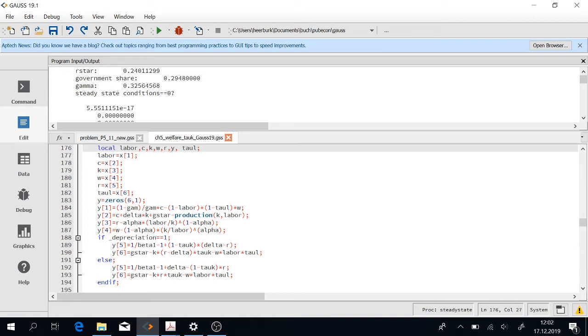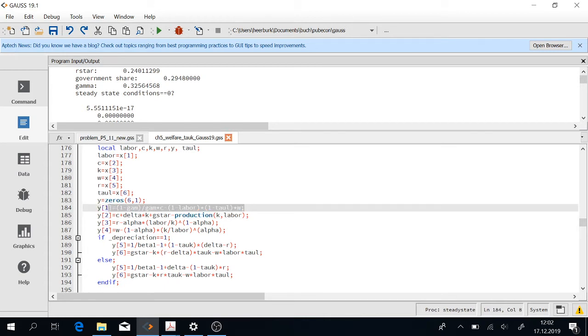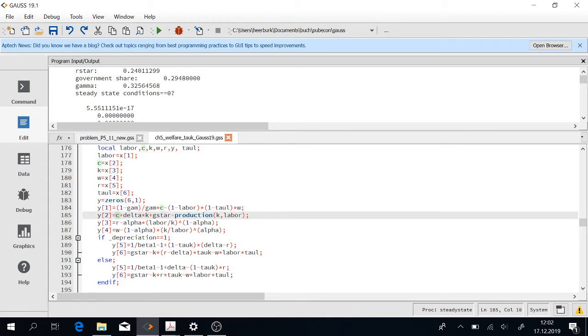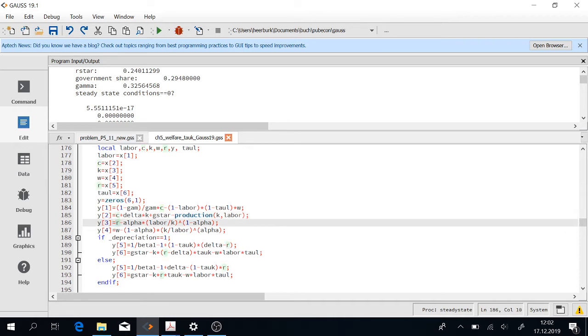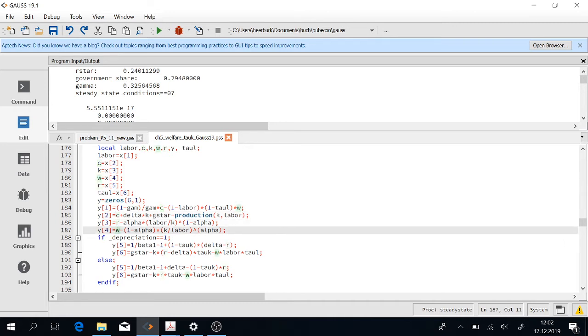The first order condition with respect to labor, the resource constraint, the interest rate, which is equal to the marginal product of capital, the wage rate, which is equal to the marginal product of labor, and in case we have depreciation equal to 0, so where capital depreciation is not tax deductible, the Euler equation as presented in equation 5, and the fiscal budget as presented in equation 6.